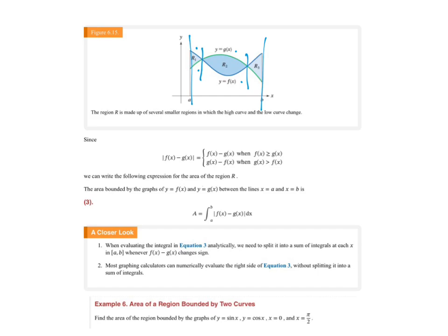This says we can either do f minus g when f is greater than g, and g minus f when g is greater than f. They made a little piecewise function here. Or you can use your calculator and take the absolute value of f minus g. And it will handle the fact that your functions are changing which one's on top and which one's on bottom.